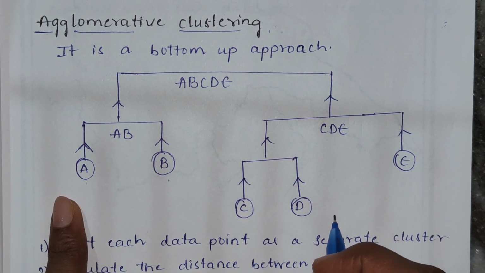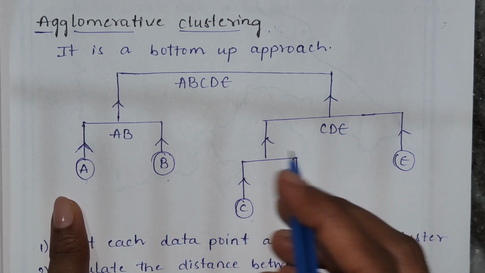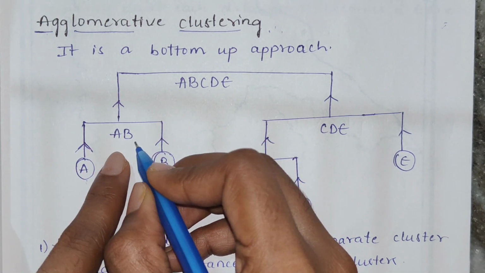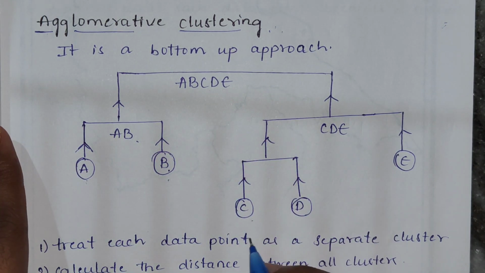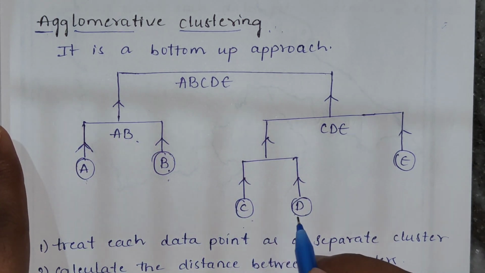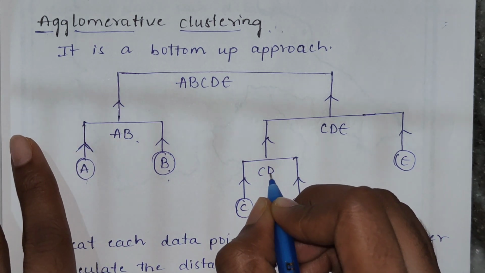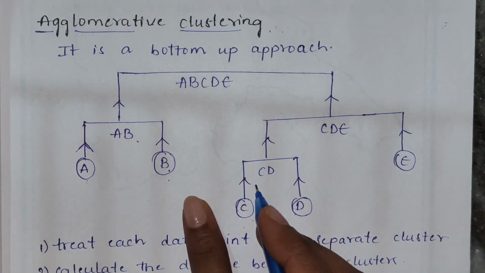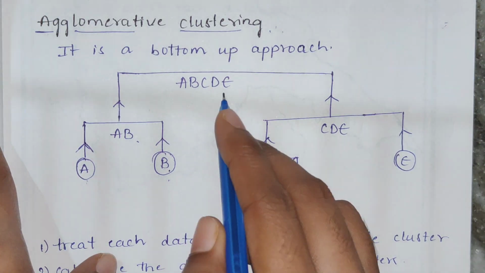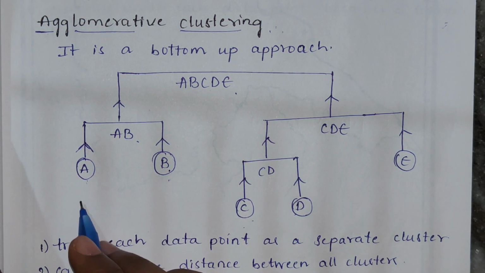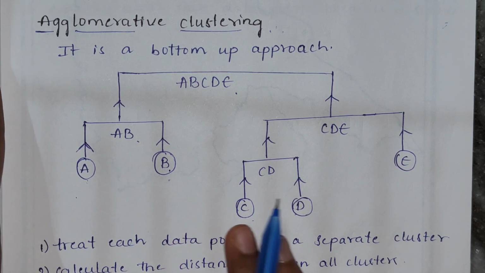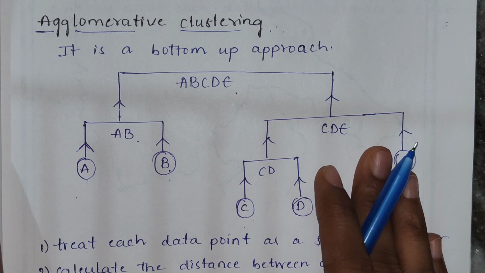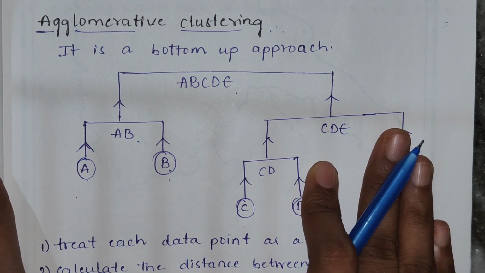Here I have taken 5 data points A, B, C, D and E, and first A and B are merged and formed into one cluster, that is AB, and similarly C and D are merged and formed into one cluster, CD, and later E has only one data point, so E is merged with CD. Similarly we will get A, B, C, D, E. That means here we start with different data points, and finally we have one cluster. That is nothing but agglomerative clustering.